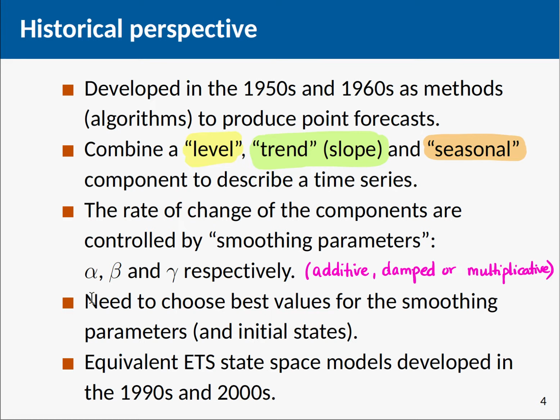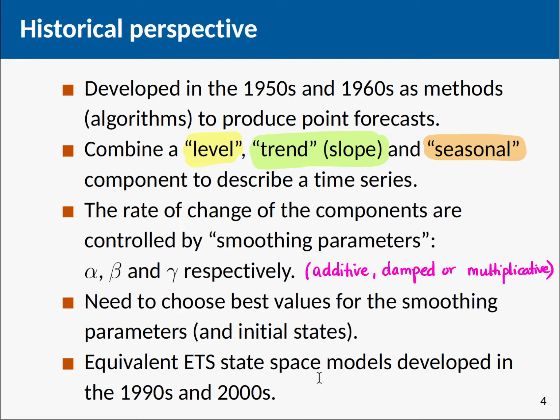Now, the way these models operate is that we typically tend to choose the optimal or the best values for the smoothing parameters and the initial states that govern the time series, and then use that for forecasting.